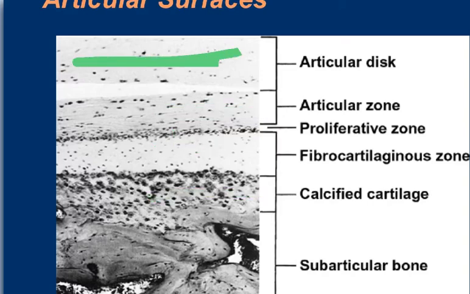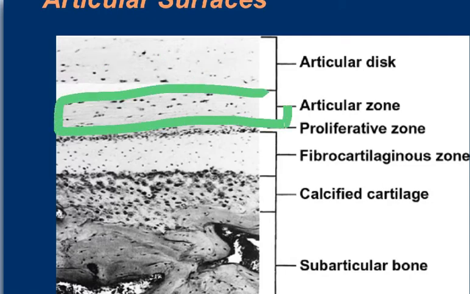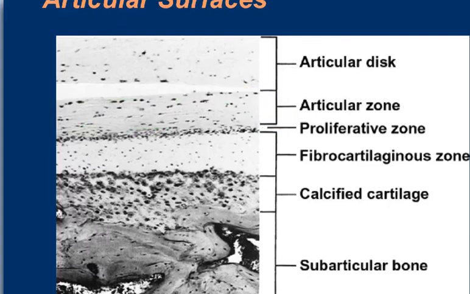Here we see the disc, which is fibrous tissue, mainly collagen fibers and few fibroblasts. It's the same nature as the articular zone of the articular surface of the condyle, and also the articular zone of the articular surface of the glenoid fossa.